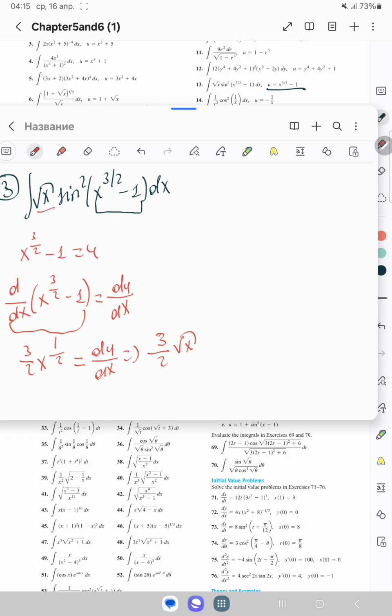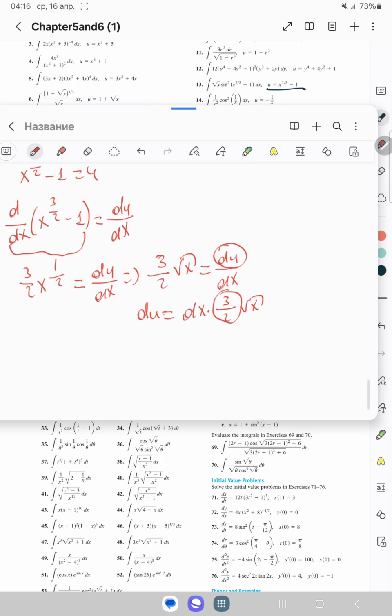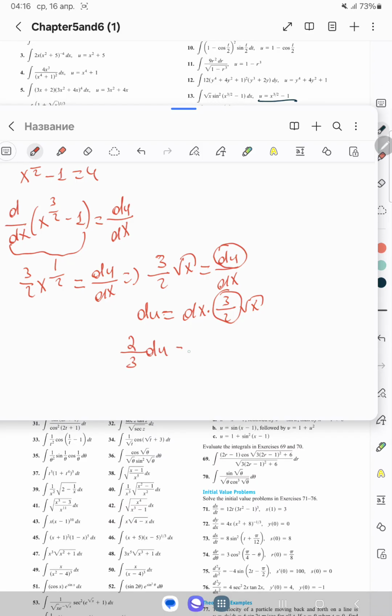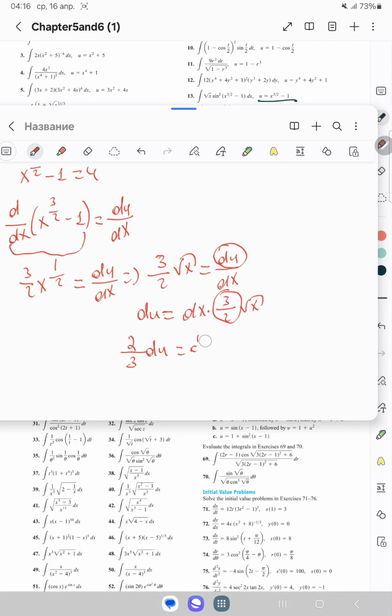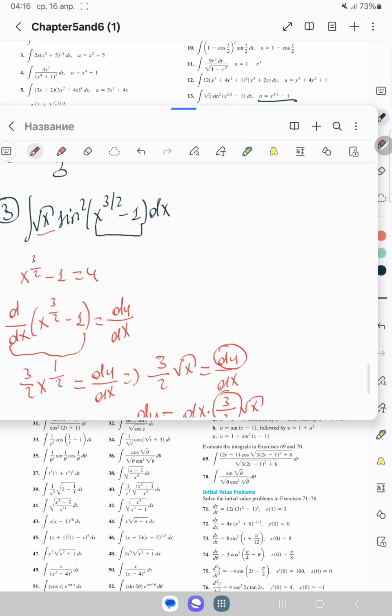Okay, we got this. We always try to find d over dx, du equals dx times 3 over 2 square root of x. We don't need 3 over 2 here, so I will multiply each part by 2 over 3. So instead of square root of x times dx, I will write du.